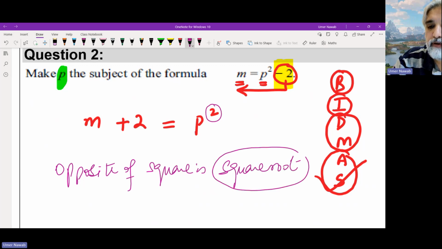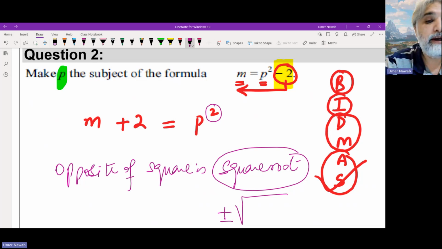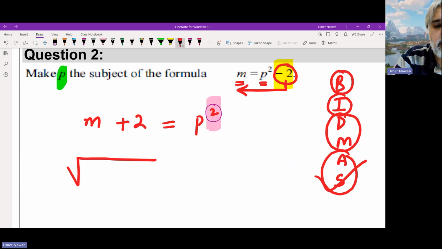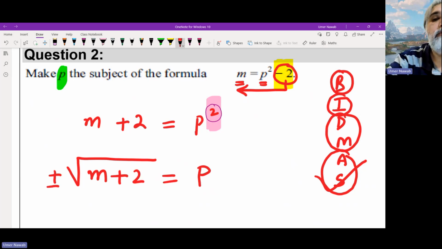And you remember, whenever we write a square root, we have to write a plus minus sign before it. So if you remove the square, on the other side, you have to write a square root sign with plus minus at the front. And now you can remove the square.